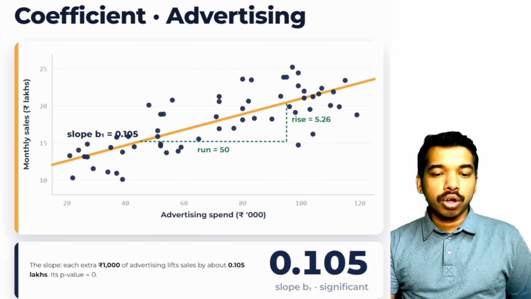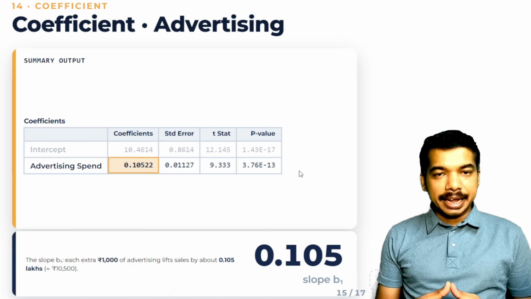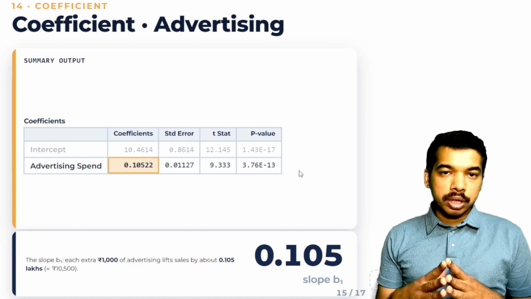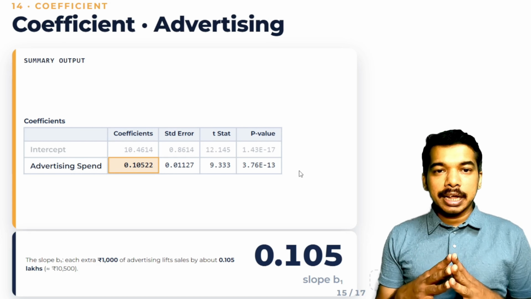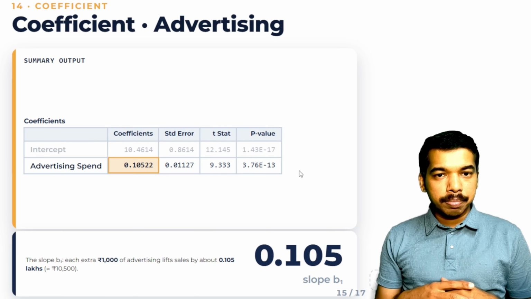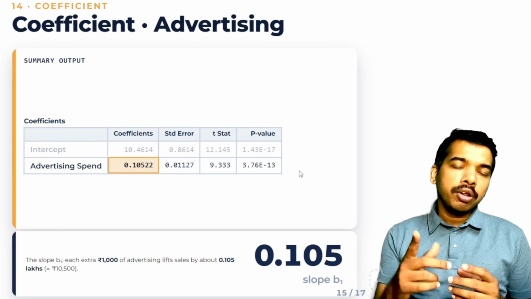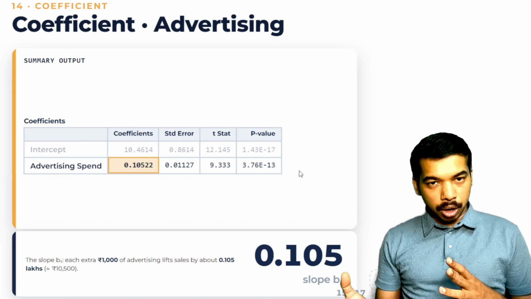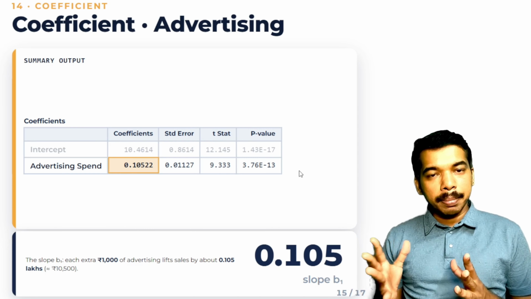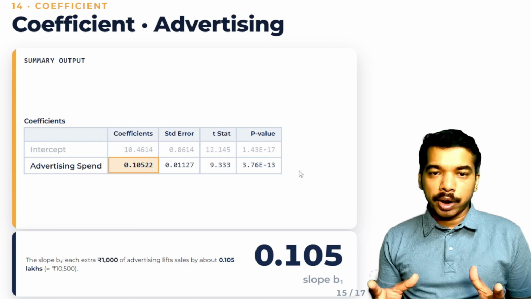Now what is the interpretation of this 0.105? If you recall the dataset, the ad spend was in thousands and the monthly sales was in lakhs. If you spend 1 unit more on advertisement, the sales will increase by 0.105. Here 1 unit of ad spend means 1000. 0.105, if we convert it into rupees, is almost 10,522.